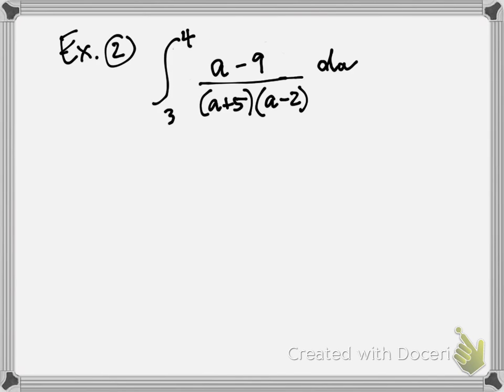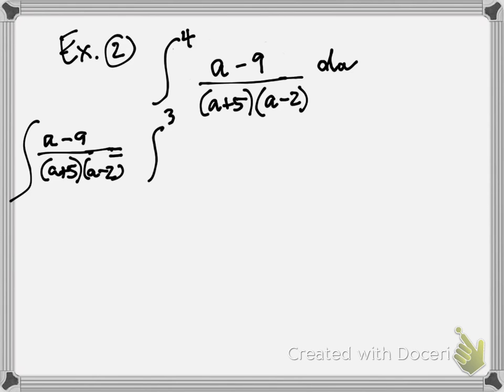So what we do is separate, right? So the left side will be a minus 9 over a plus 5 times a minus 2, and then we separate this into two fractions. So a over a plus 5 plus b over a minus 2.